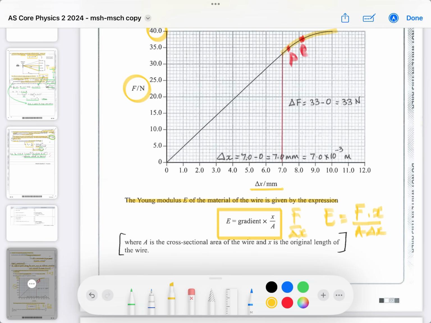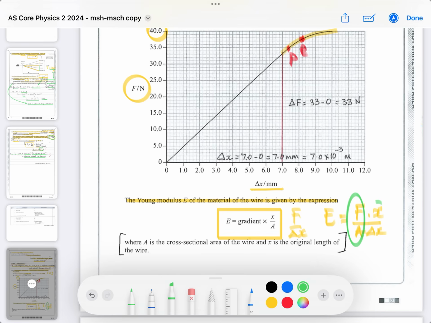You've got force times length on the top and area times extension on the bottom. You can see that force over area is stress, and extension over length is strain. So it's gradient times L over A, force times length over area times extension. That's correct.